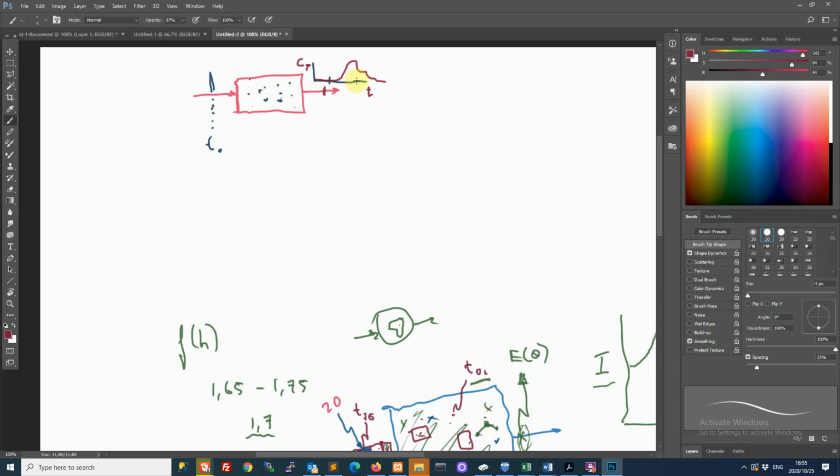Let's pick just some random time t, and let's also pick an interval delta theta. So we are going to take some interval, delta theta, between t and t plus delta theta.